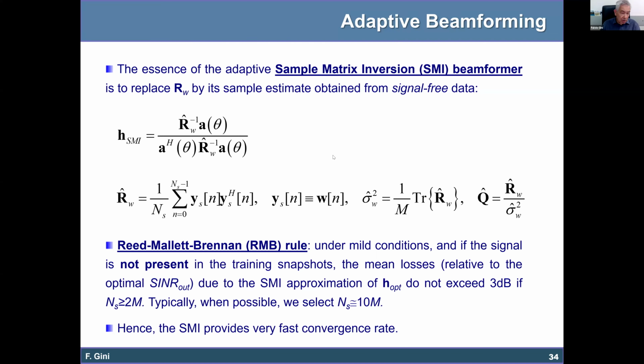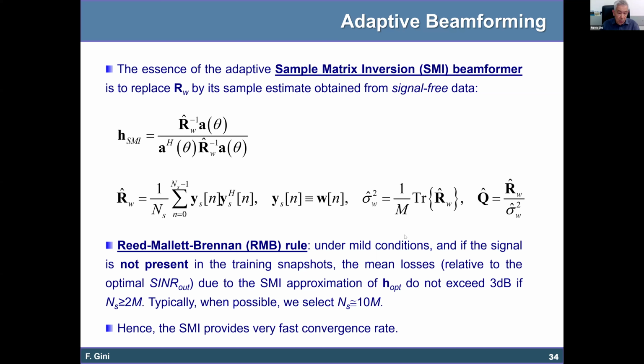But these three colleagues, Reed, Mallet, and Brennan, proved that if the number of secondary data vectors is greater than 2 times the number of sensors, the loss in performance does not exceed 3 dB.